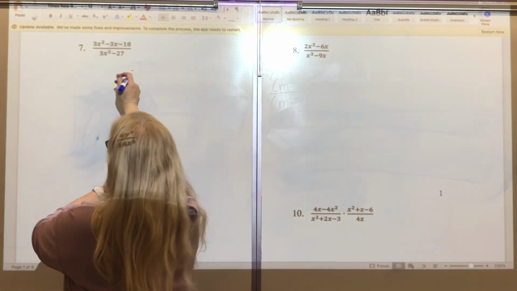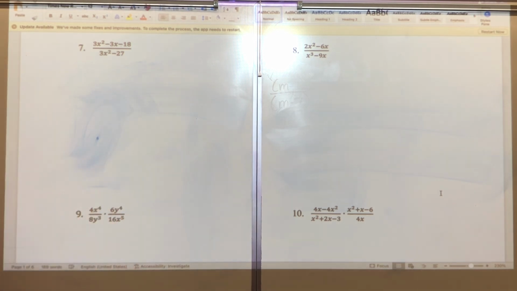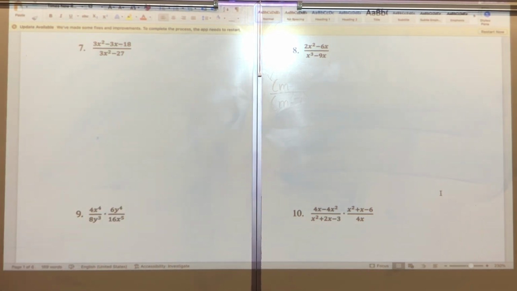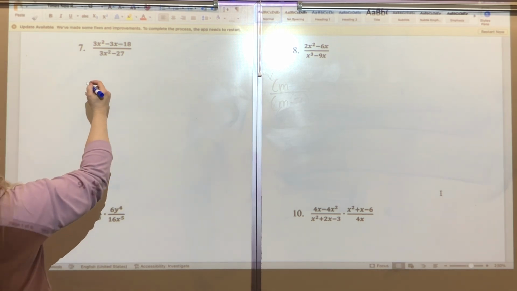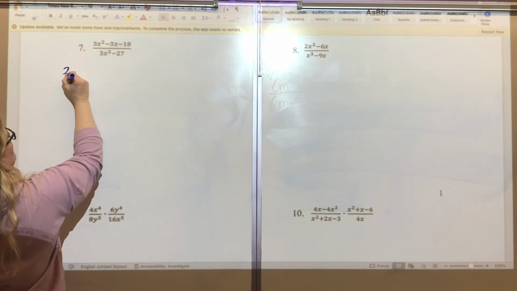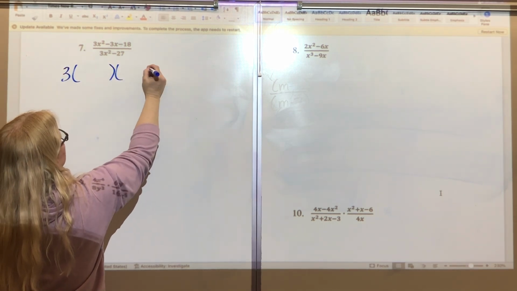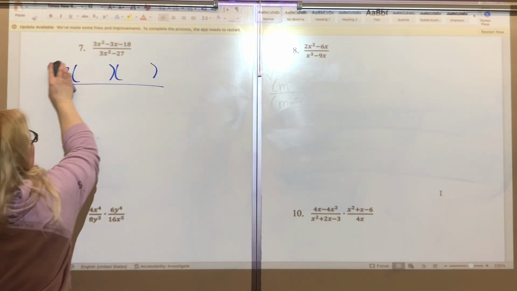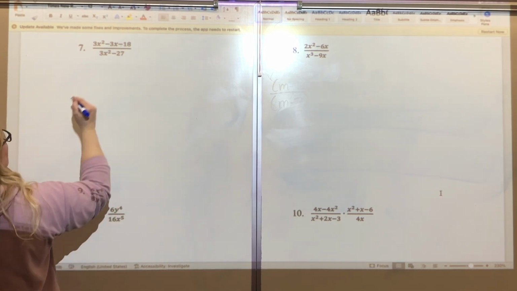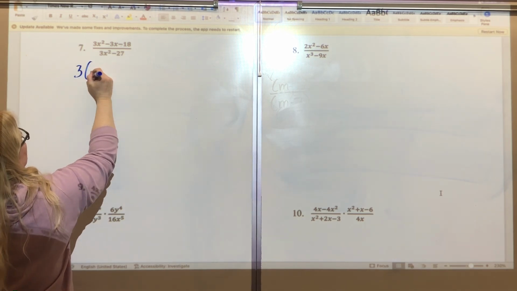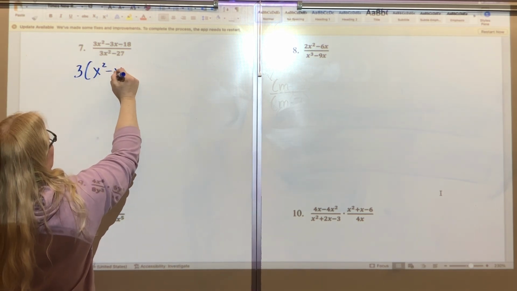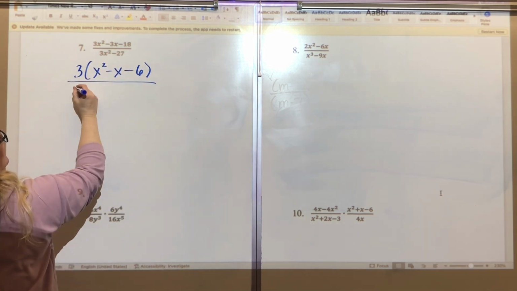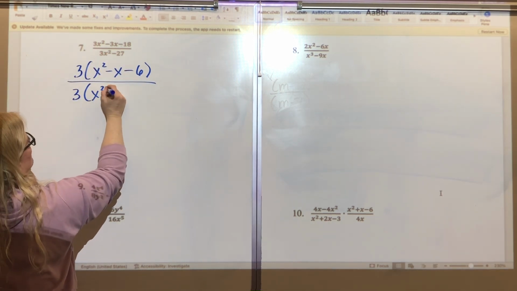I can factor a 3 out of both the numerator and the denominator, which is going to be nice because that 3 is going to cancel. Let's pull out the 3 first. And then we have x squared minus x minus 6. And if we pull out the 3 here, we've got x squared minus 9.